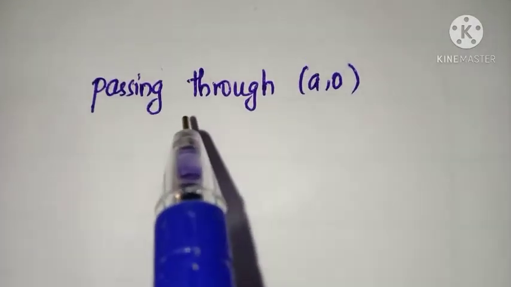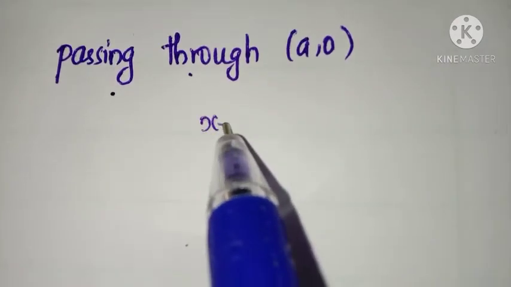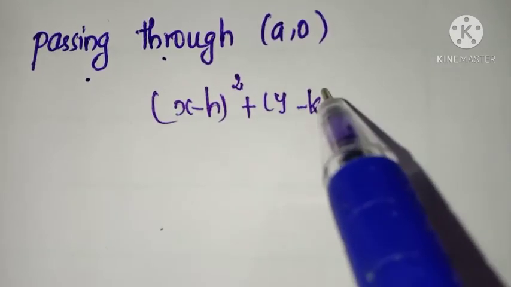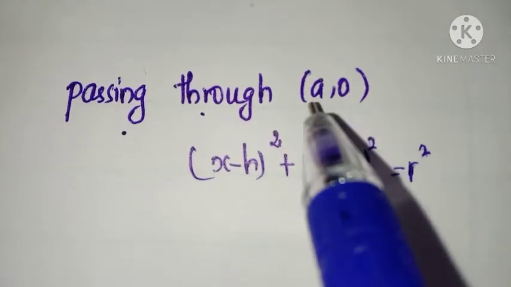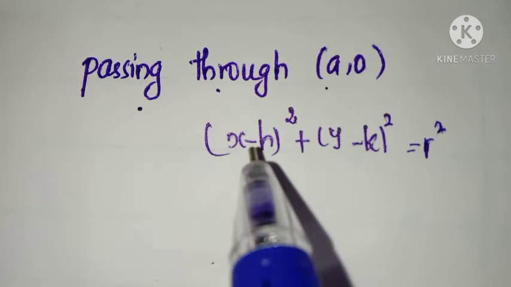Now, next is the equation of circle passing through (a, 0). The equation of circle is (x minus h) the whole square plus (y minus k) the whole square equal to r square. So passing through (a, 0) means put x equal to a and y equal to 0 here.